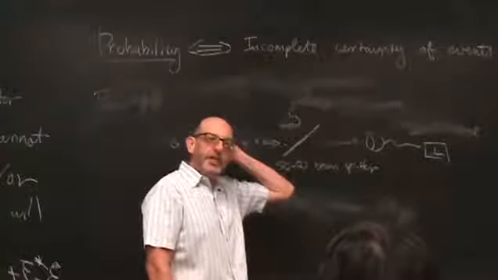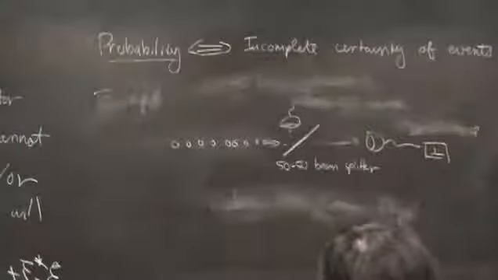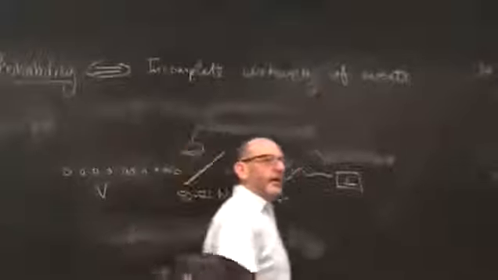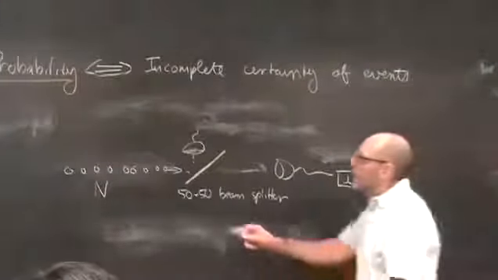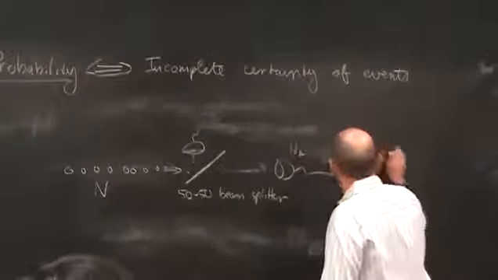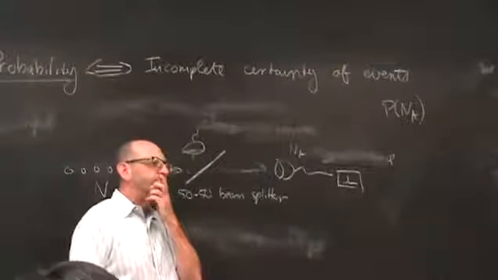But it's a 50-50 chance, right? So what I would see if I were to do this experiment is what? Suppose I have n photons impinging on this beam splitter. And I want to know what is the probability of seeing n sub a photons at this detector. What would you say?